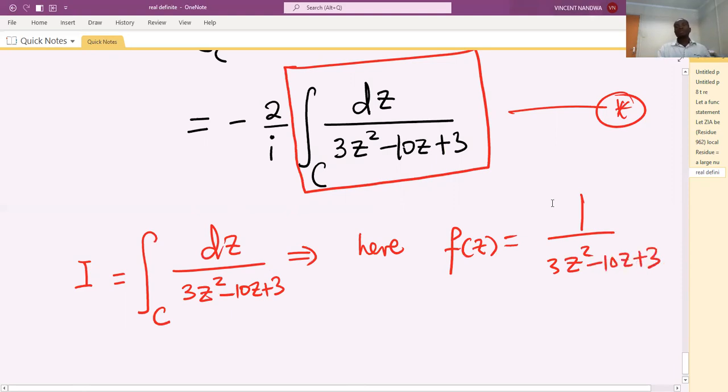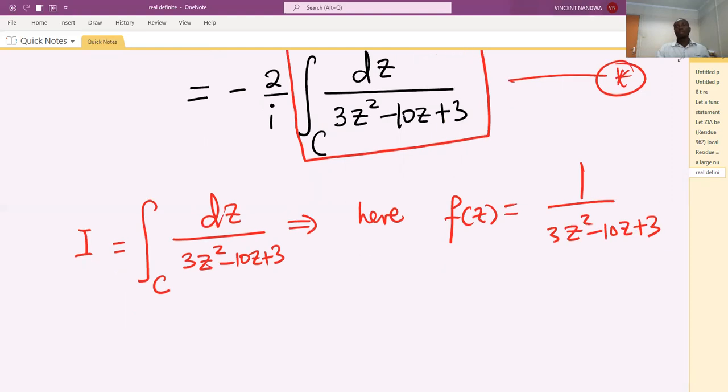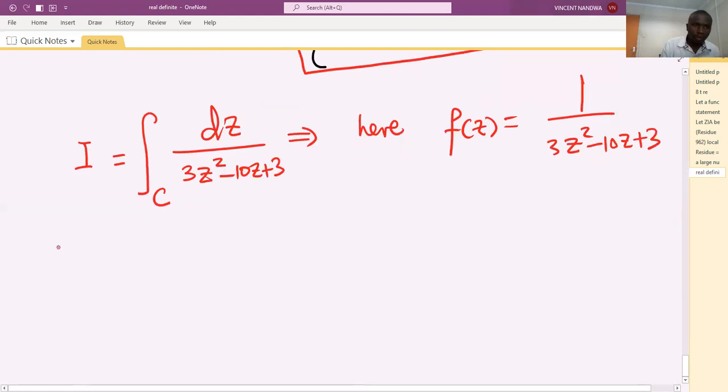So then I have to get the poles of f of z. Poles are given by taking 3z squared minus 10z plus 3 equal to 0.